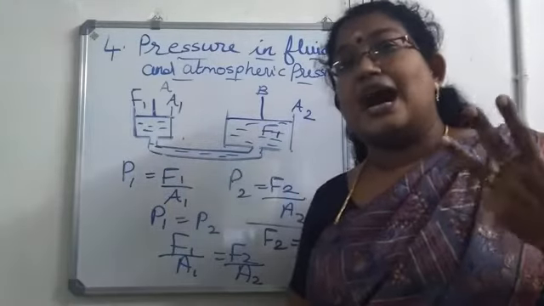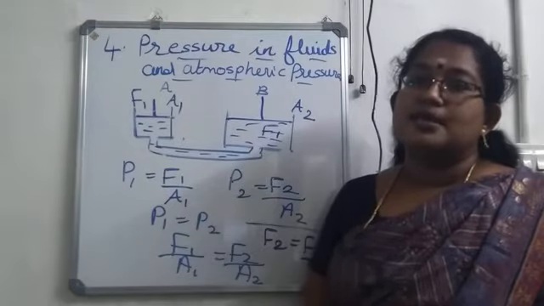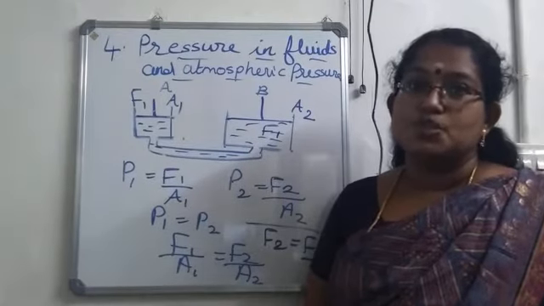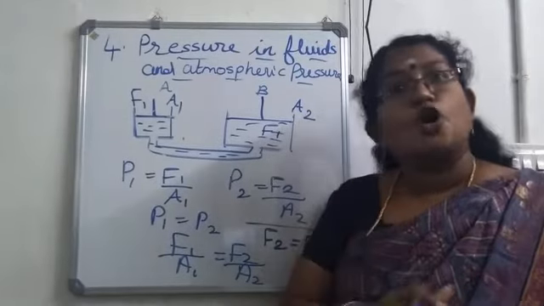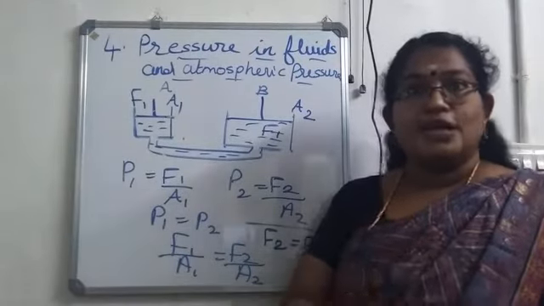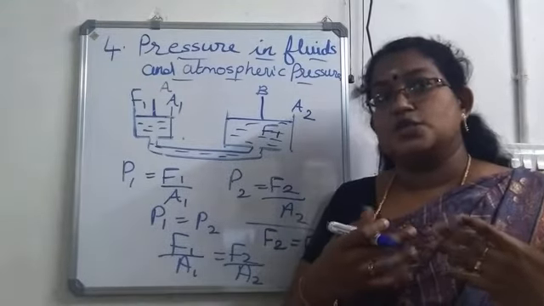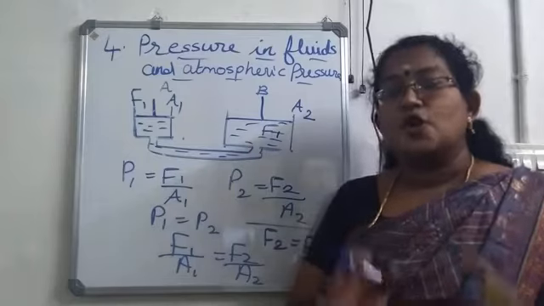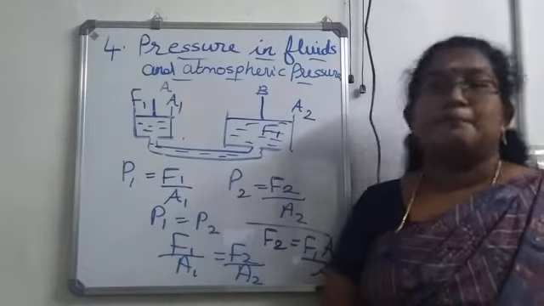First one is a hydraulic press or a Bramah press. Hydraulic press or Bramah press is used in order to press the cotton bales, to get the cotton, or to squeeze juice from sugar cane. For all these things we are using a hydraulic press or Bramah press.